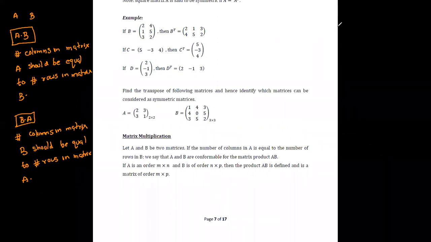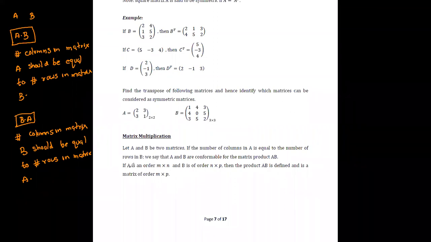Once this condition is satisfied, we can say that the two matrices can be multiplied. And for the dimension of the resulting matrix, we can identify it using this concept.